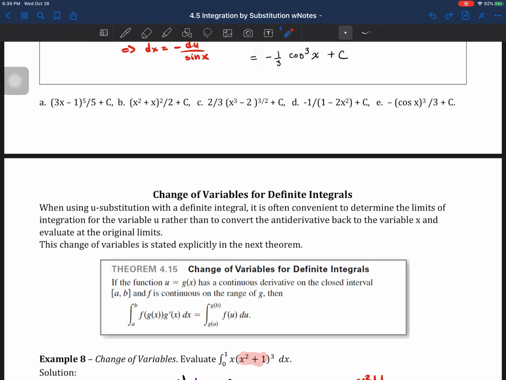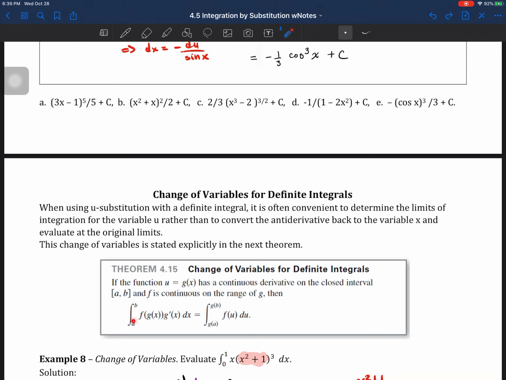So when using u substitution with a definite integral, it is often convenient to determine the limits of integration for the variable u, rather than converting the antiderivative back to the variable x and then evaluating at the original limits. So what we're saying here is the limits are always going to be dependent on this variable, right?